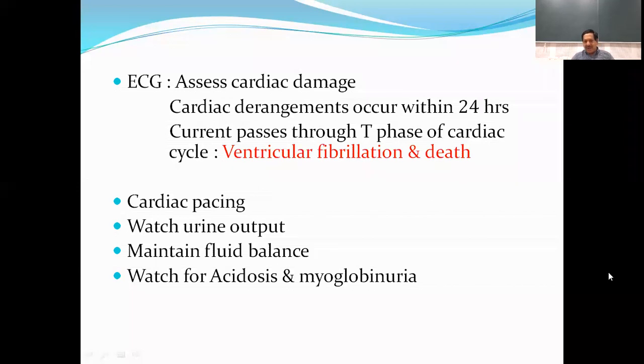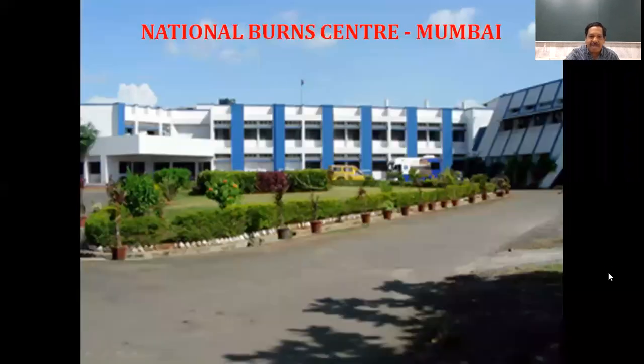Now here, you aim for 2 ml per kg body weight per hour. That means high urine output may minimize the damage caused by the electrical burns.